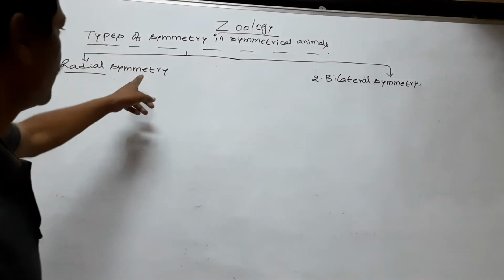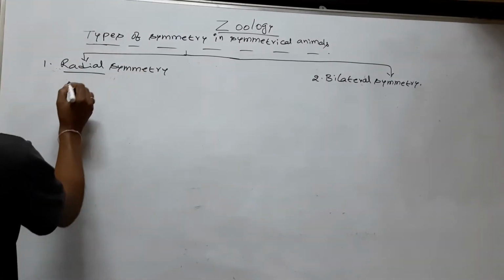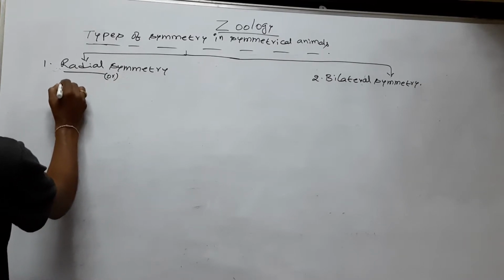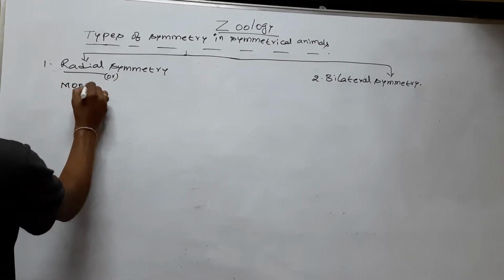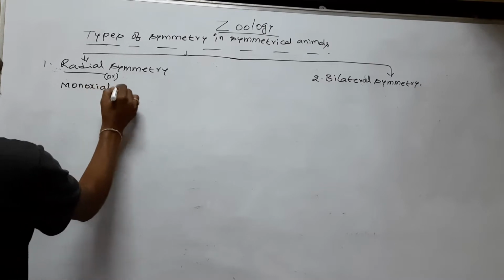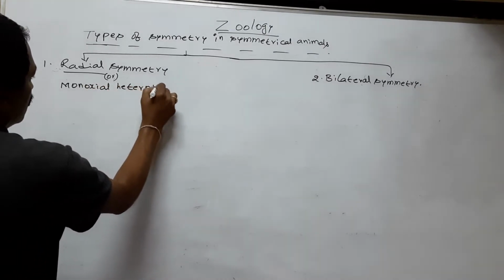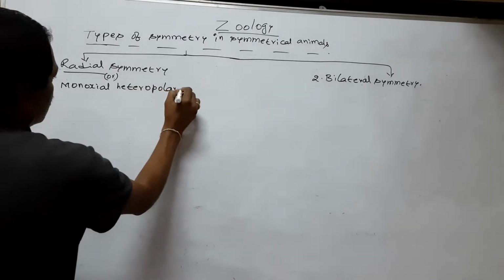The radial symmetry is also called monoaxial heteropolar symmetry.